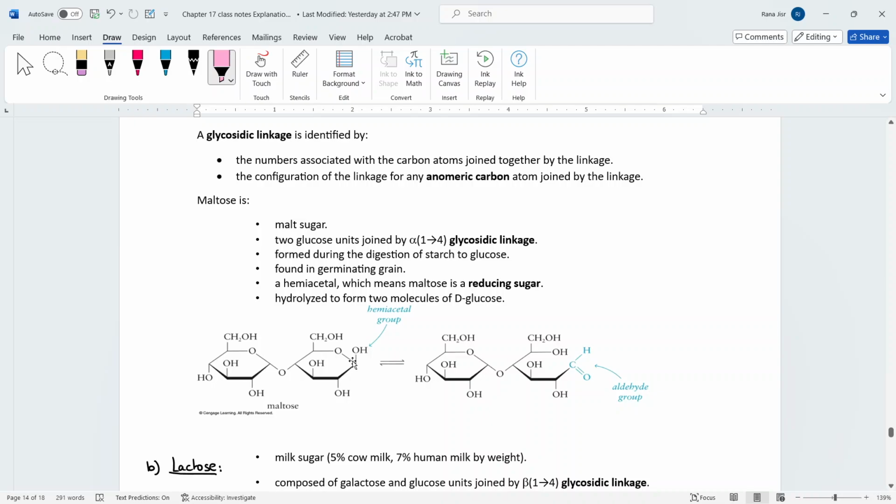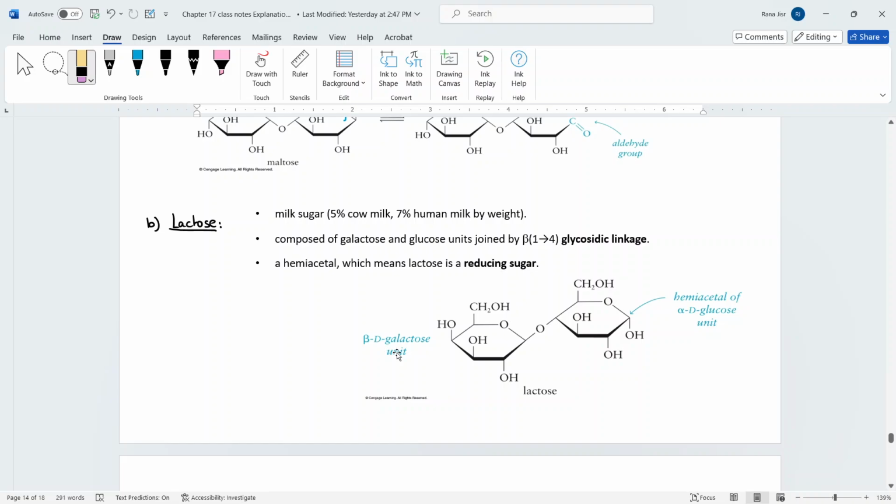So this is the explanation why maltose is a reducing sugar, because I can easily oxidize the maltose and I can break the hemiacetal and turn the OH in there into an aldehyde. So this is why maltose is a reducing sugar.